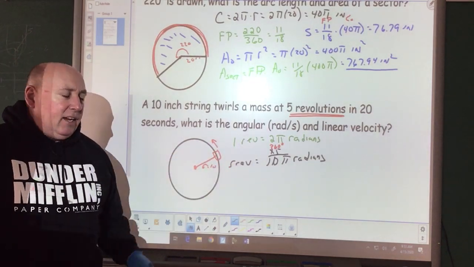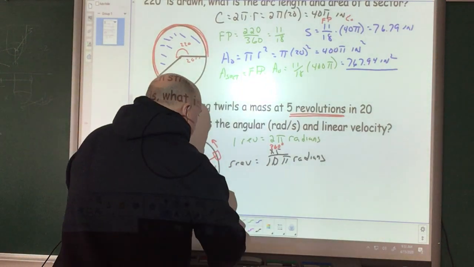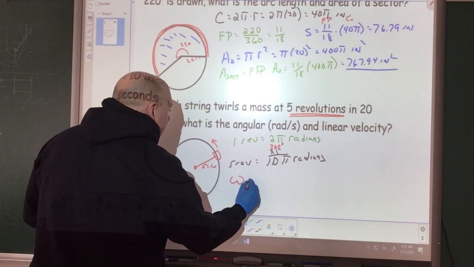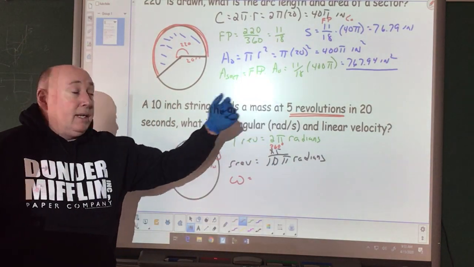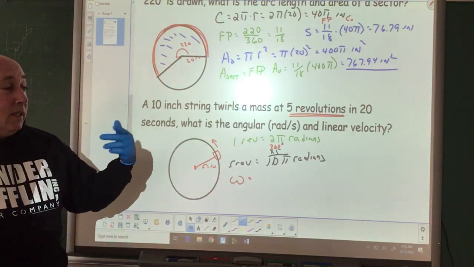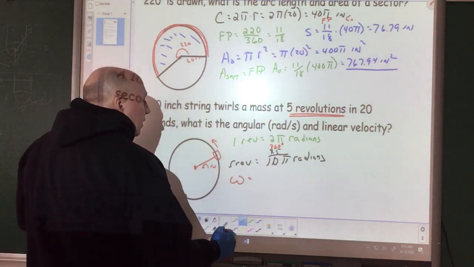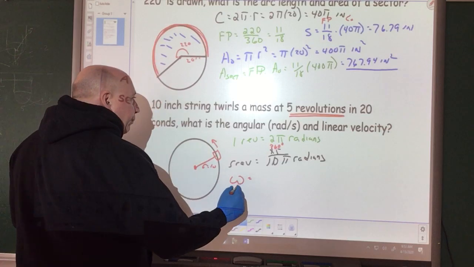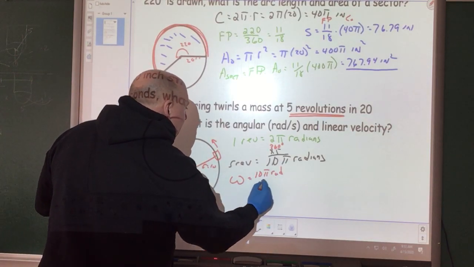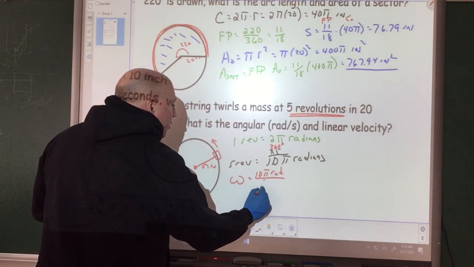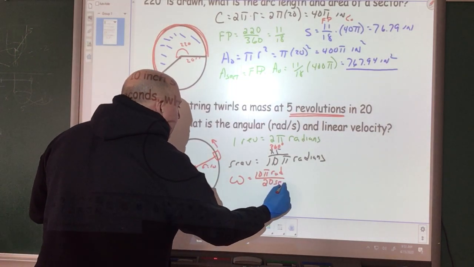To find this angular velocity, we just say how many radians do we have and how long does it take? It's the number of radians per second. So we have 10 pi radians in a total of 20 seconds.